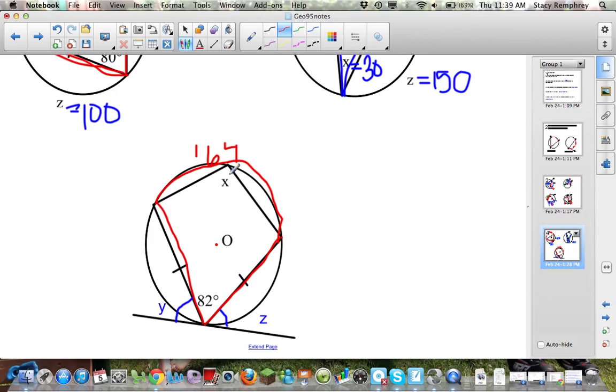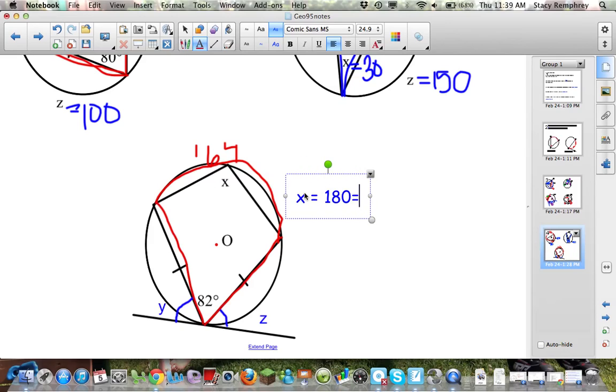Now, angle X is pretty easy for me to find, but a lot of you might forget. We just figured out that when a quadrilateral is inscribed, opposite angles are supplementary. So to get X, it's just going to be 180 minus 82, which equals 98, if I'm doing that right. So angle X is 98 degrees.